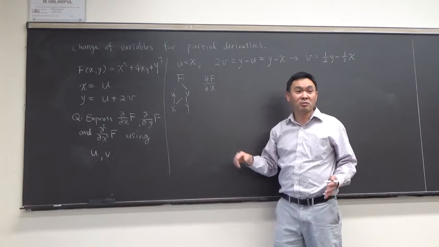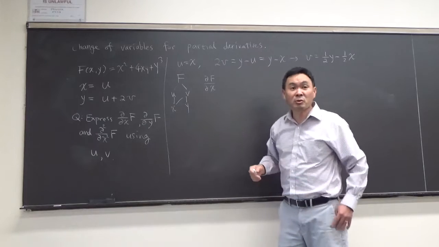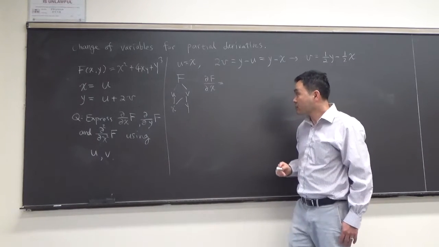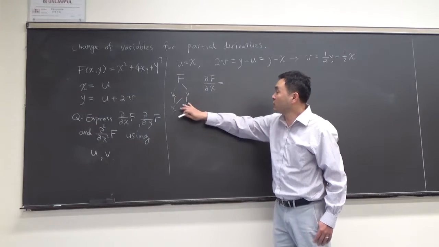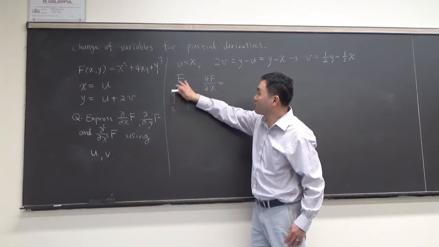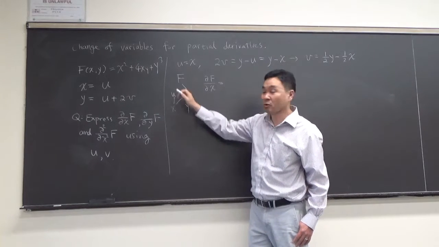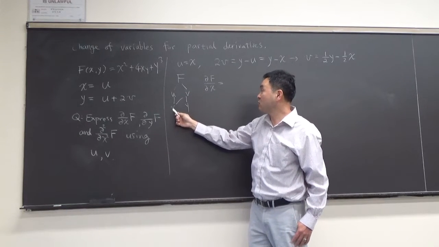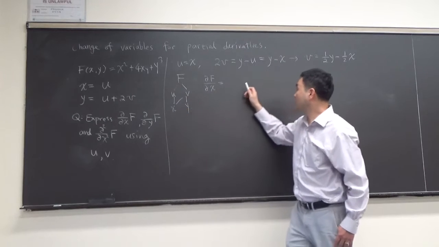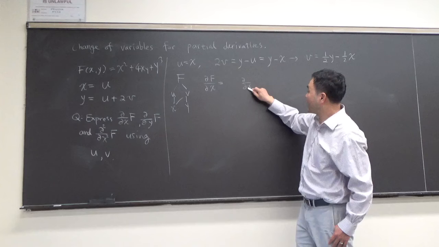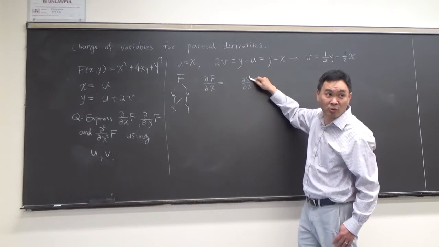And the multivariable chain rule that you learned in Calculus 3 says that you just have to go through all the possible ways that x influences f. So there's one way that x influences f, which is that a change of x will bring a change to the value of u, right?